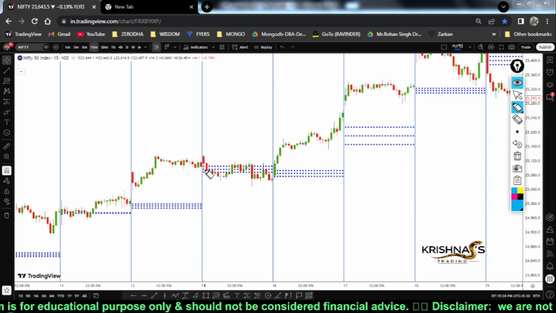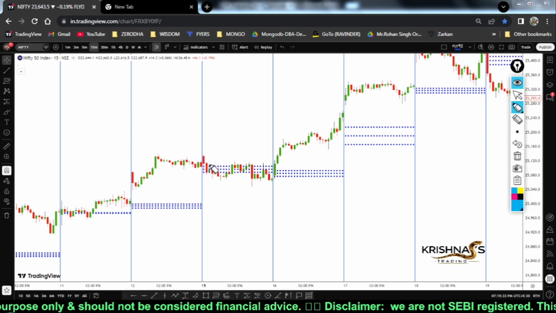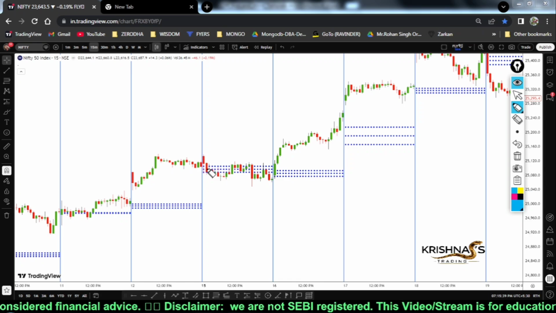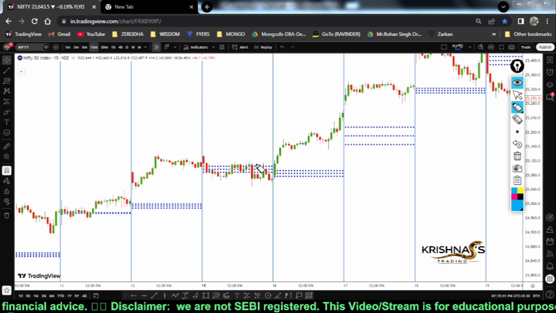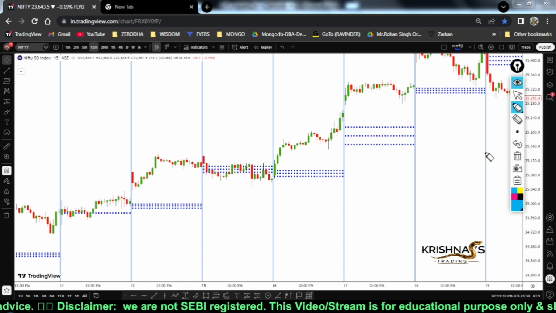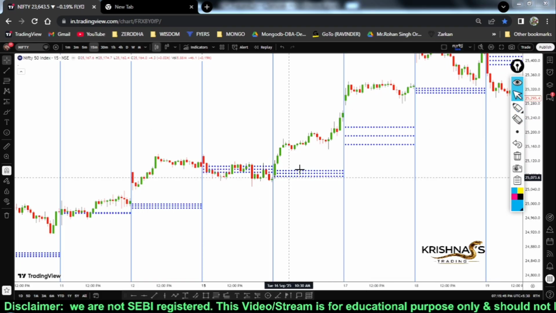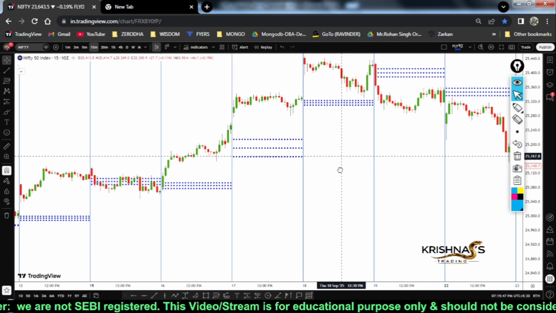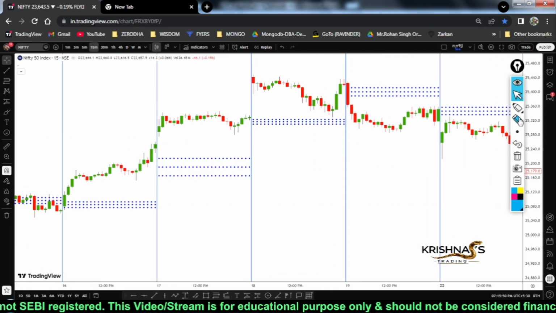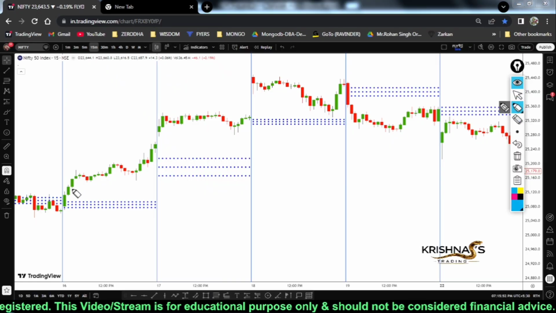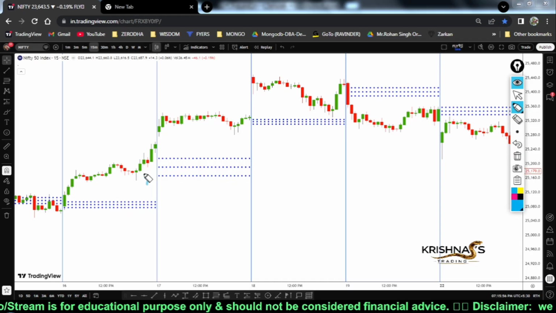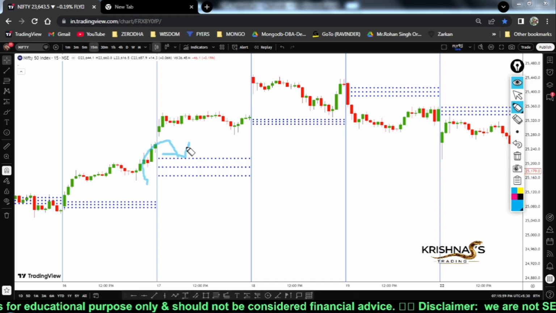Here, the CPR formed above the previous day CPR levels, but the price did not sustain above the CPR. Then we should not consider this one as an ascending CPR. This is also the price, also the CPR formed above the previous day CPR.